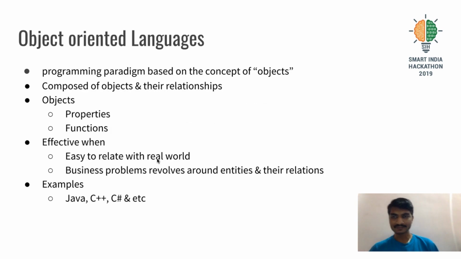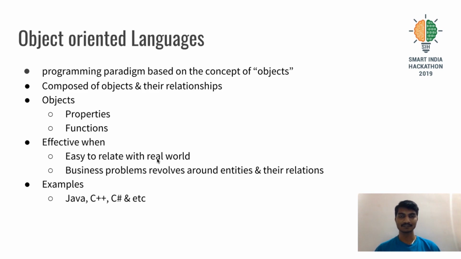So let's see what object-oriented languages are. In object-oriented languages, the main programming paradigm is the object. The whole language is composed of objects and their relationships. So what is an object? An object is nothing but an entity which we see in the real world.